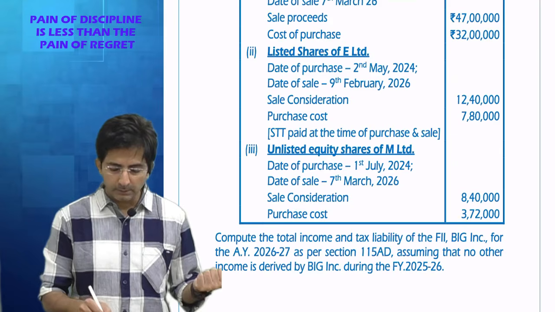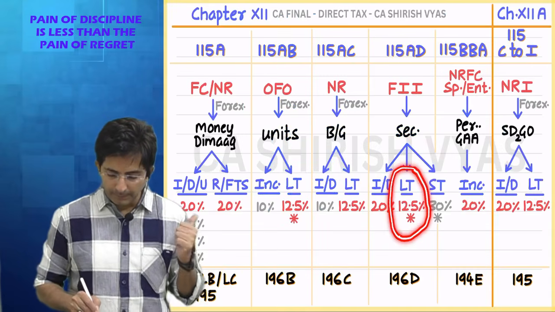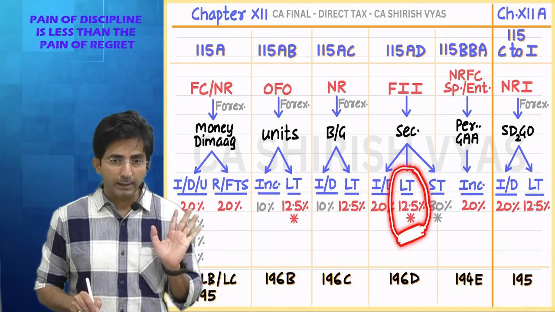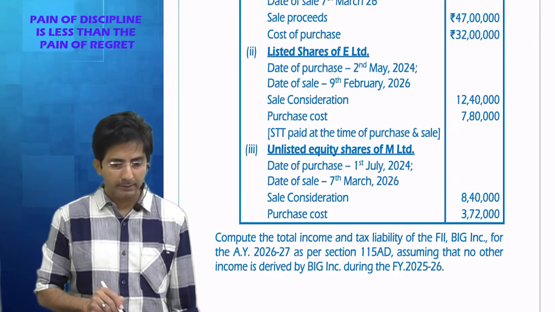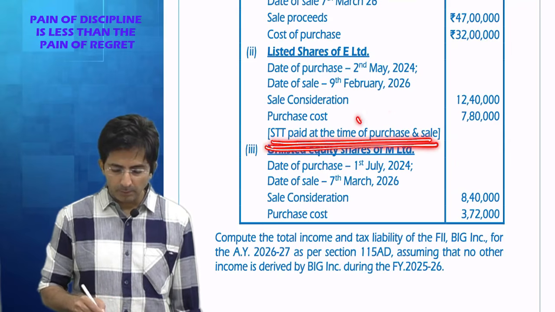So long term means we fit in this case. And now you have to keep in mind that asterisk mark. The asterisk mark says what? If STT is paid, you will get 1,25,000 exemption and on the balance 12.5%. So here, is it possible that you have paid STT? In the question they have written also: STT paid on purchase and sale.